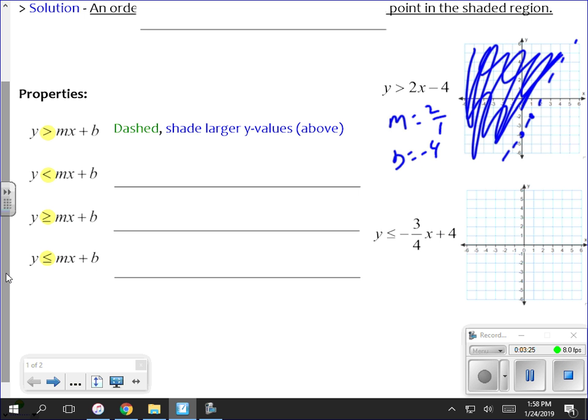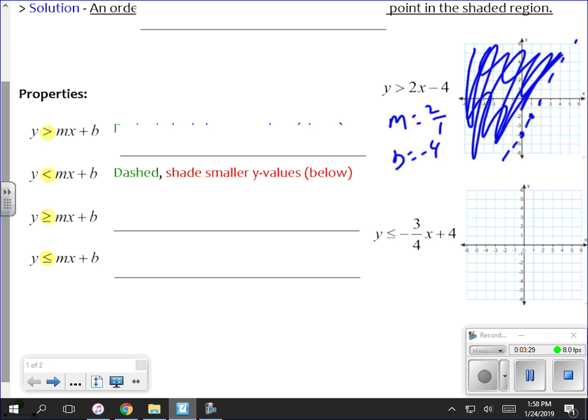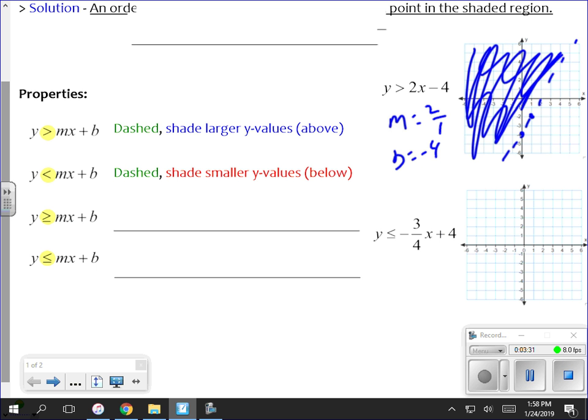Now, you're either going to have a dashed line or a solid line. If y is less than my equation, I have a dashed line. And everything's going to be smaller. Y is smaller than what I have. So it's going to be shaded below the line. Okay, these are going to be important parts of your notes.